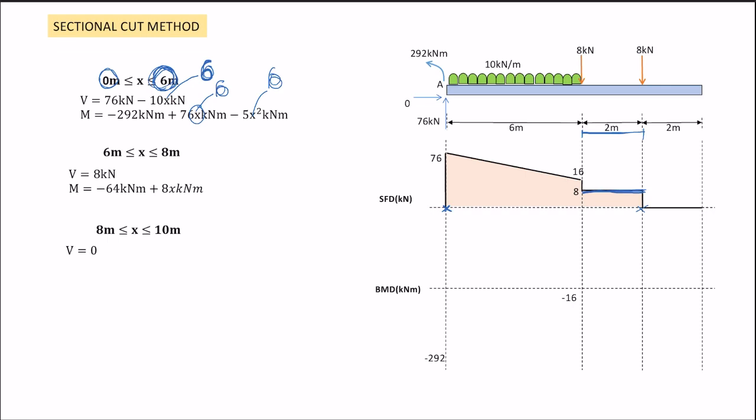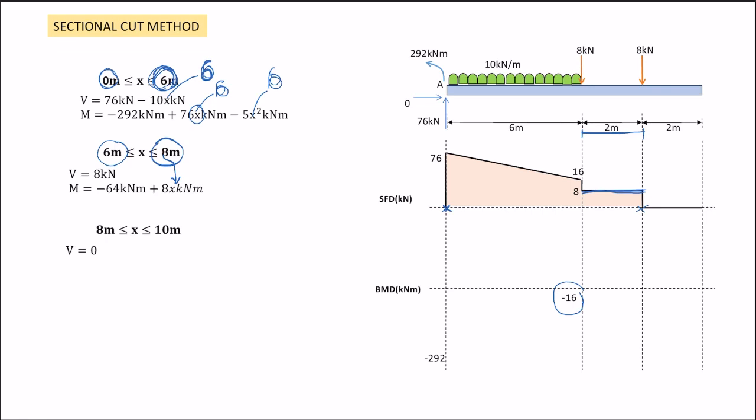For the second boundary, which is X must be more or equal to 6, but must be less or equal to 8. Maksudnya 6 meter sampai 8 meter. Jadi replacekan mula-mula X ni dengan 6 meter. Negative 64 tambah dengan 8 darab 6. So you akan dapat negative 16 juga, sama ya. Dan kalau dia 8 meter, masukkan pula 8 meter dekat sini.